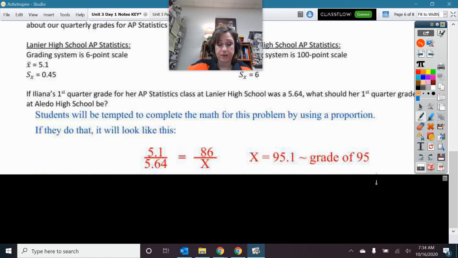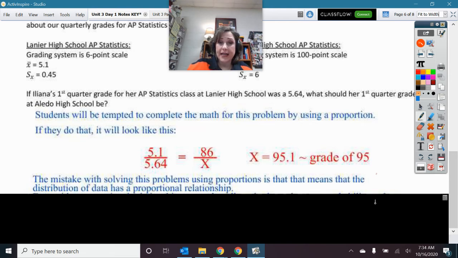Well, I say that this is a mistake in thought process for grades, because this is making an assumption that the grades are distributed proportionally. And that means every grade has the same probability.